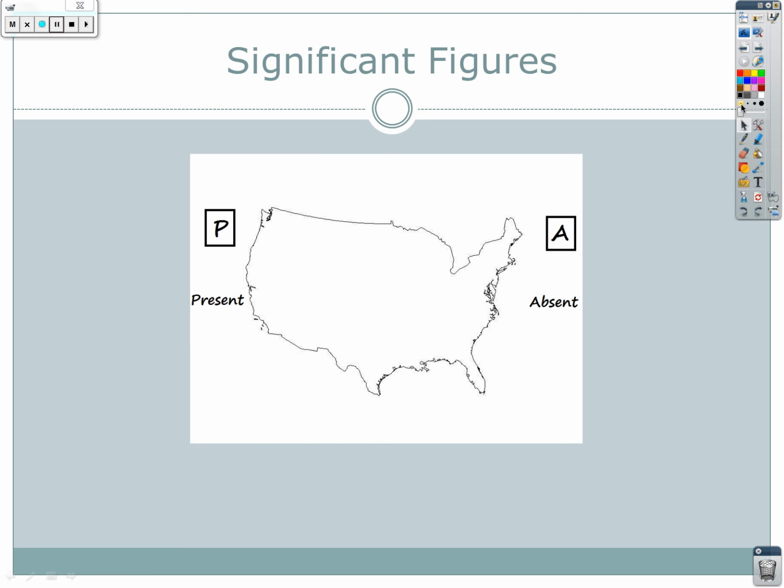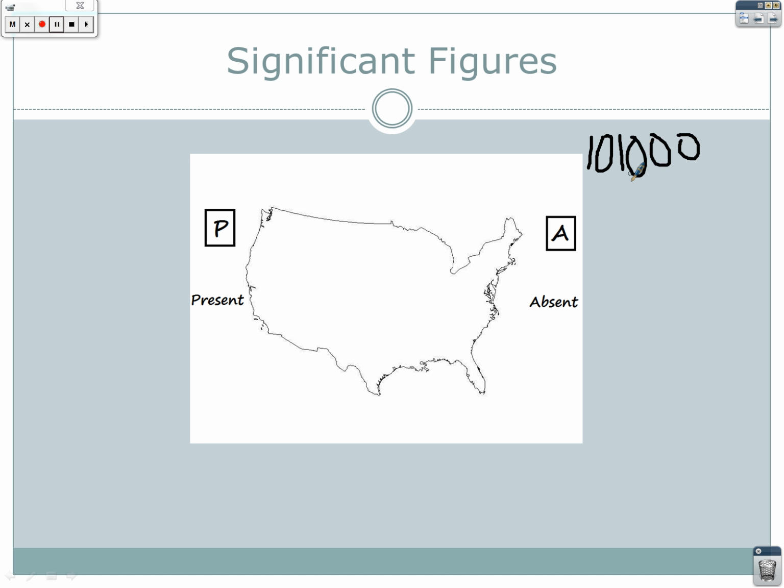So let's go here, and I'm going to write a number up here. Alrighty, so 101,000. Sorry guys, this is not the most clean I've ever made anything. So 101,000. And the question is, how many sig figs does this have?